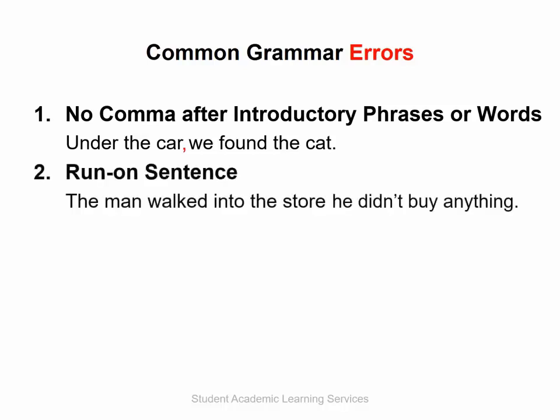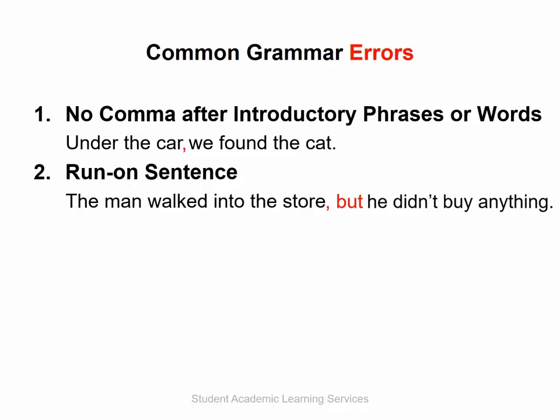The second example is a run-on sentence. The man walked into the store, he didn't buy anything. Now you may notice after store, there's a problem because we're starting a completely new full sentence. So in fact, we have 2 sentences here which run into each other, and so it's called a run-on. One way to fix it is to add a comma, but if you add a comma, we also have to add what are called fanboys.